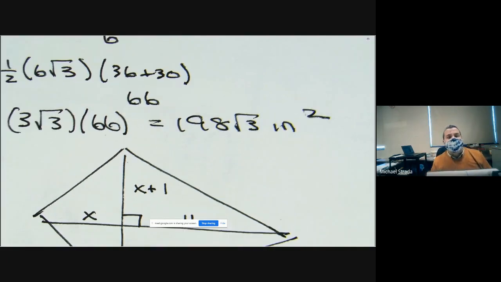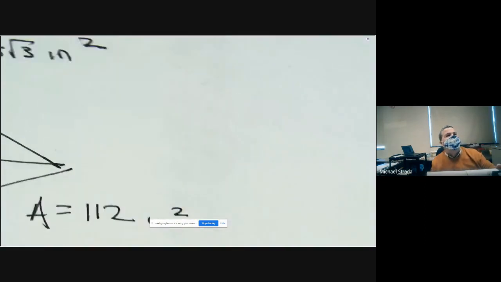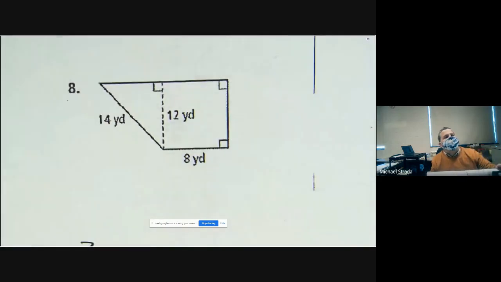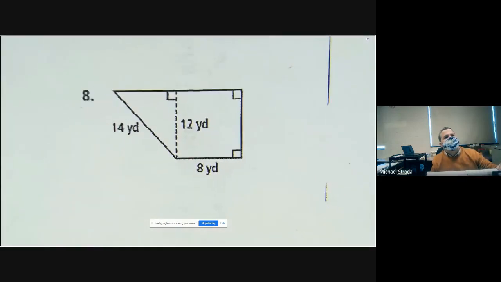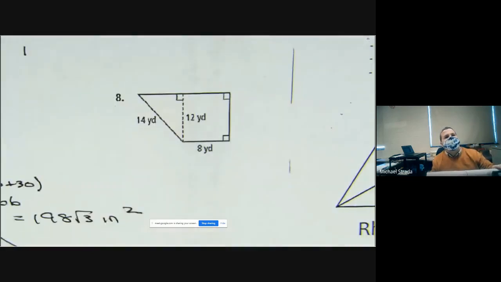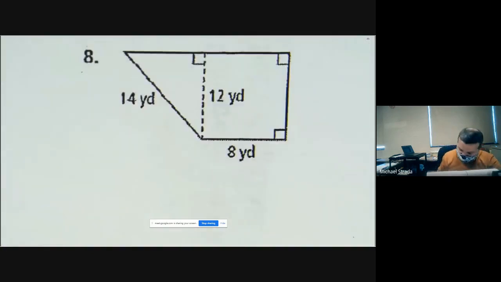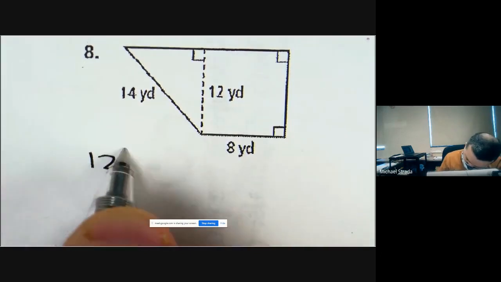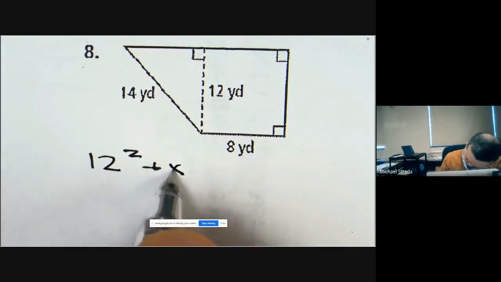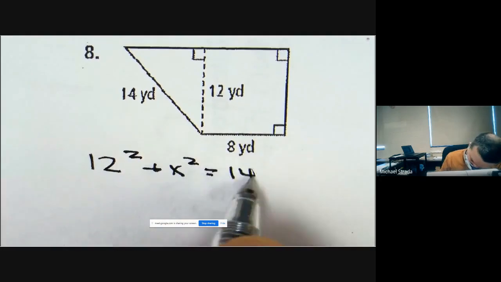All right, so if I look at the one on the right, once again, what is the missing dimension for the one on the right? The height. So what theorem are we going to use to find the height? Pythagorean. I've got 12 and 14. So 12 squared plus x squared equals 14 squared.